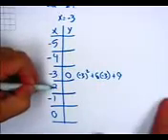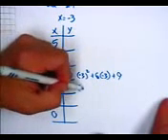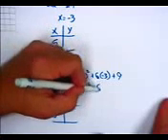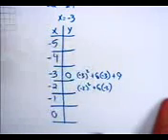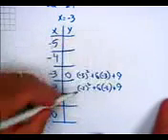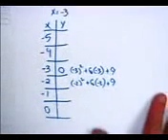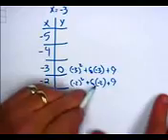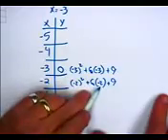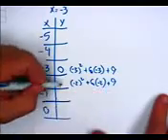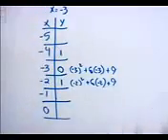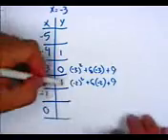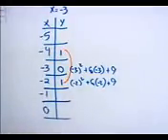Negative 2, it's negative 2 squared, plus 6 times negative 2, plus 9. That gives us 4, plus negative 12 is negative 8. Negative 8 plus 9 is 1, and that's going to be 1 because I know those two have to match.